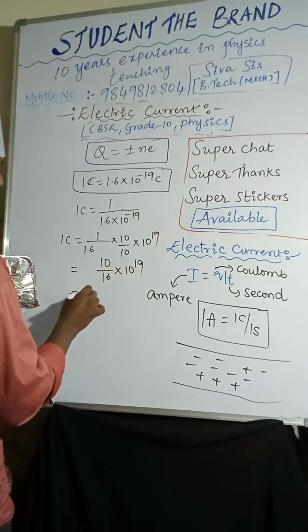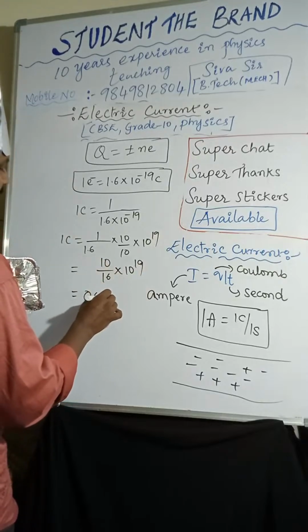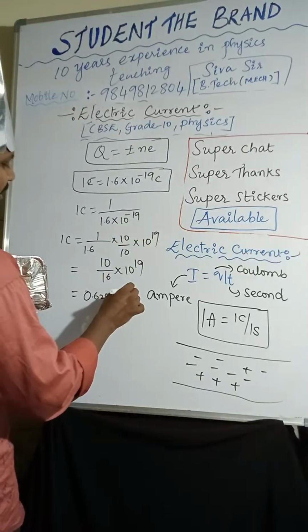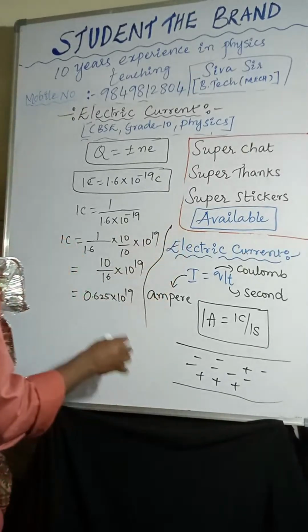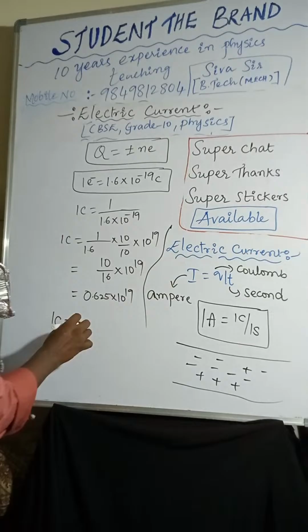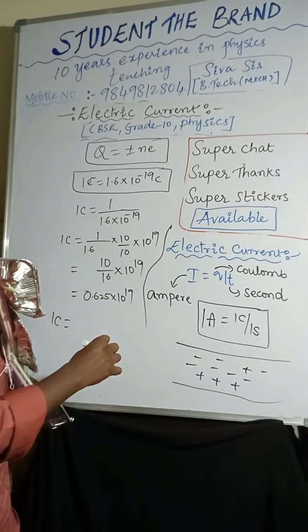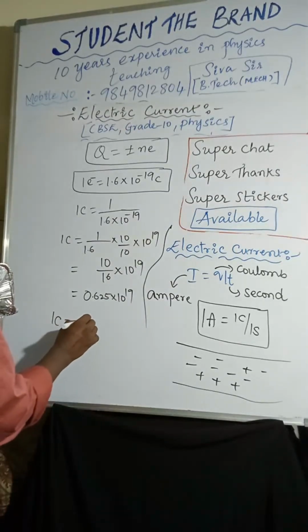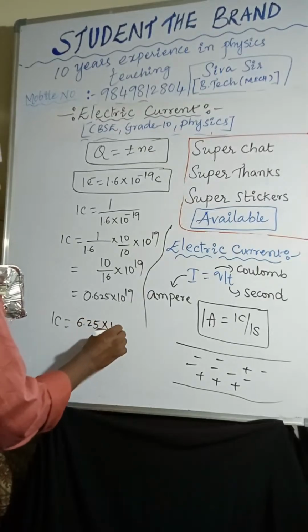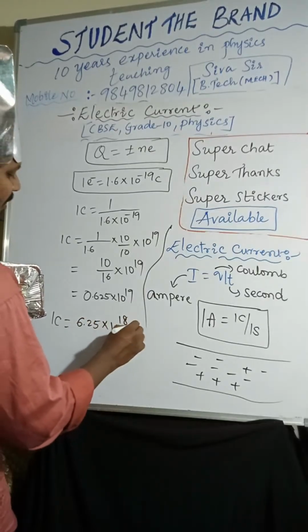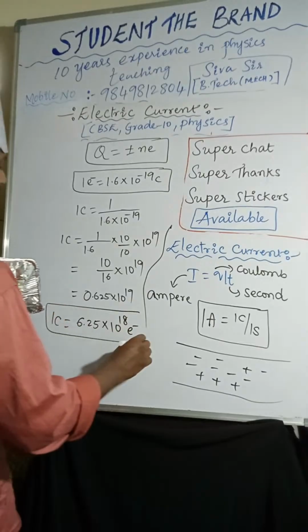So you get 0.625 into 10 power 19, that is 6.25 into 10 power 18 electrons present in 1 coulomb.